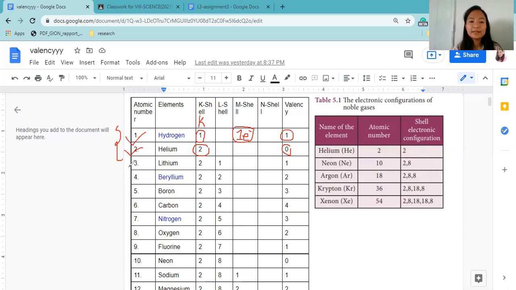Now let's look at lithium. Lithium has 1 electron in its valence shell, the L shell. In order for this element to become stable, there has to be 8 electrons in total, but there's just one. We can bring in 7 more electrons, and then the total 1 plus 7 would be 8. Then it would become octet stable.